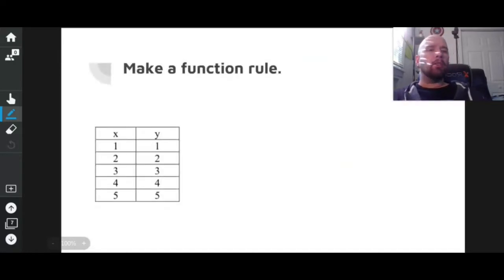Make a function rule. All right. There's a website that you can use, which is the NCTM website. What I'm going to do for this video is just embed it in here.